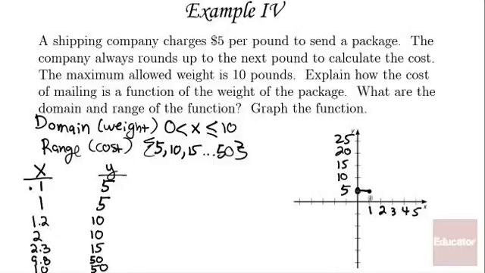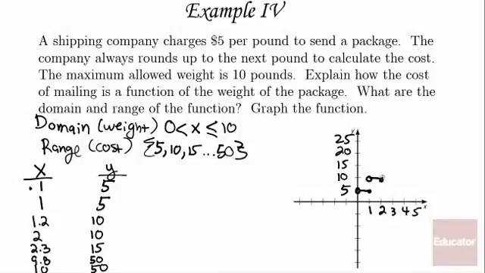Then, when I get to slightly over 1 pound, so there's an open circle, they're charging me $10. If I have 1.2, 1.3, 1.4, all the way up to 2, $10. Okay, I get to slightly over 2.